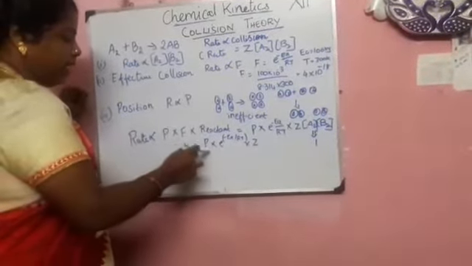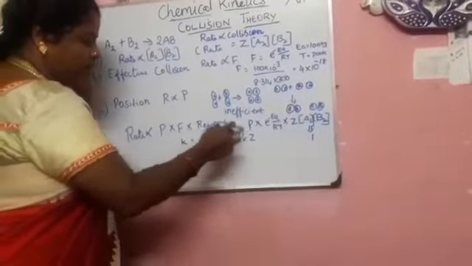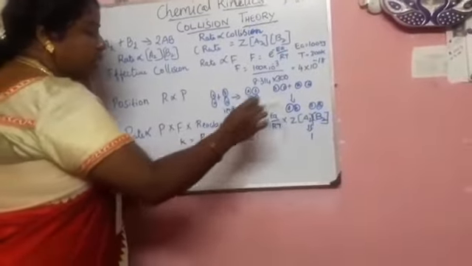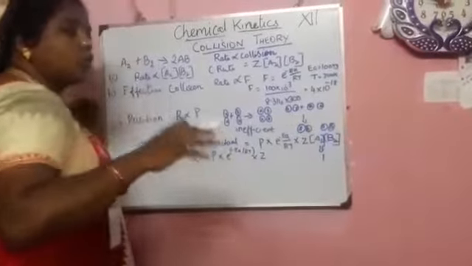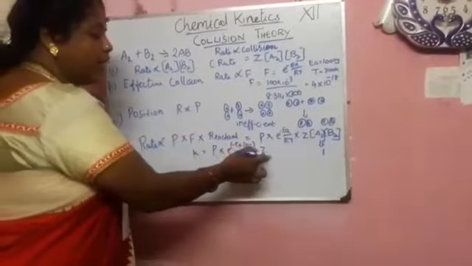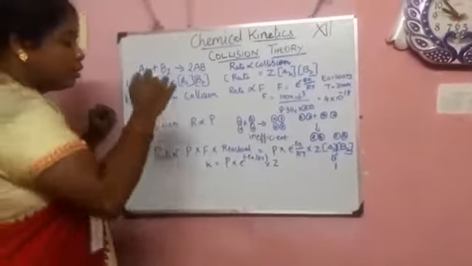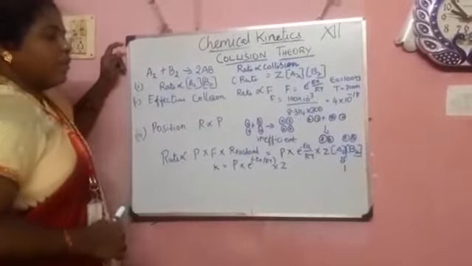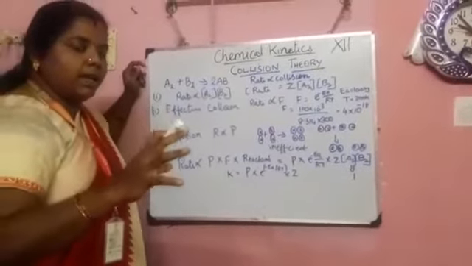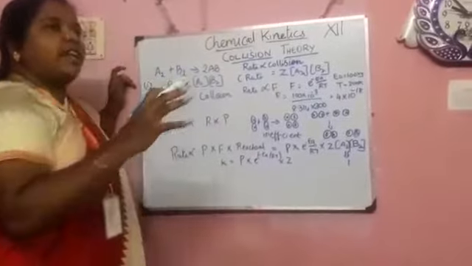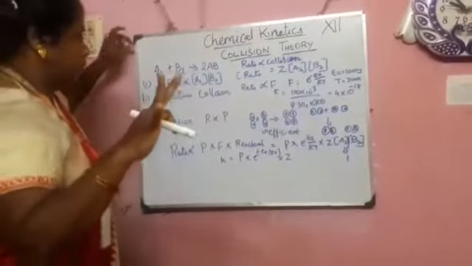If you remove the concentration terms, the rate constant equals P into F into Z, because if the reactant concentrations are considered to be 1, only the rate constant, the collision constant, will be there.